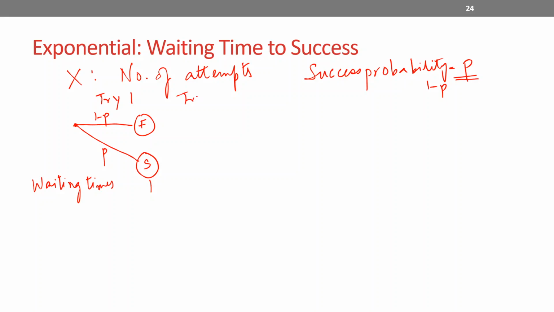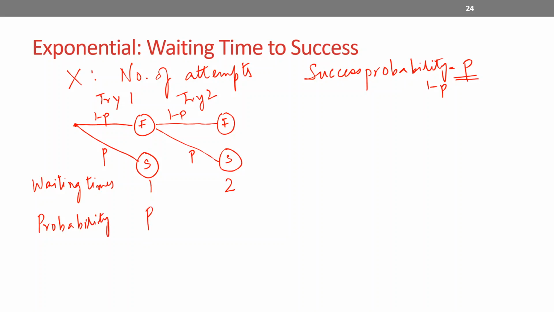Let's say I did not get success, so I have to try again. I can get a failure with, again, probability 1 minus p, but I can get a success with probability p. My waiting time here is going to be 2. And I can also keep writing the probabilities given that I'm assuming these are independent trials. So this is p.